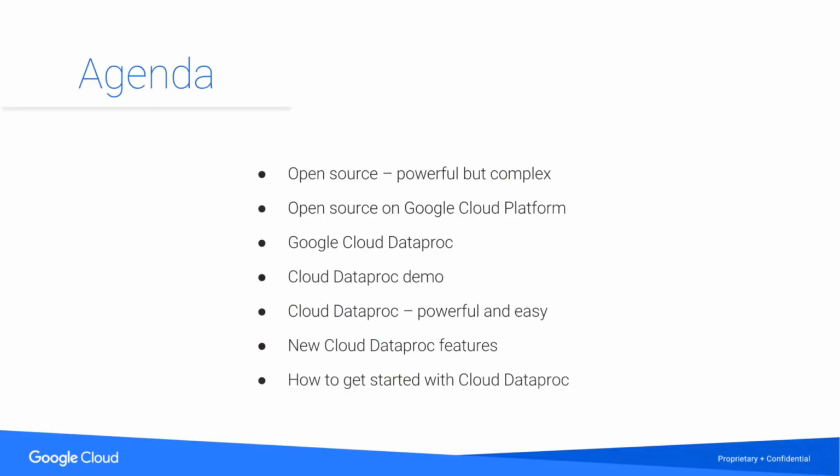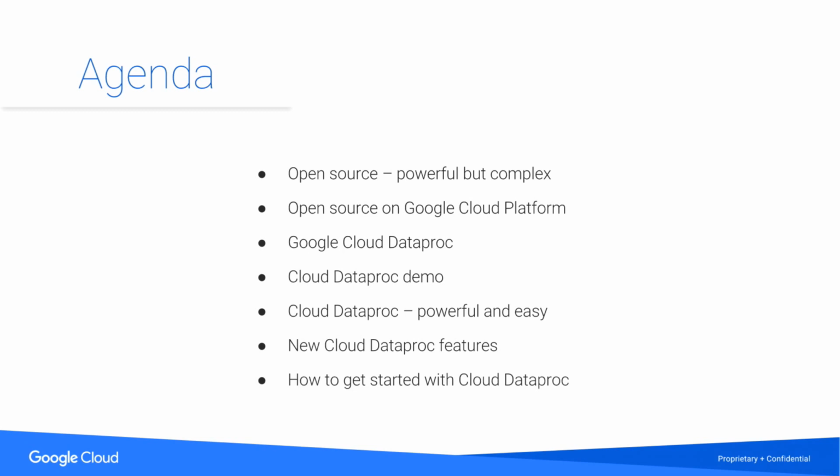Before even getting started, just to highlight what we are going to discuss in today's session. We're going to talk about the open source Apache and Hadoop ecosystem. They're great tools, but they bring a lot of complexity in terms of management, usage, and multiple other things. We are also going to talk about open source on Google Cloud Platform.